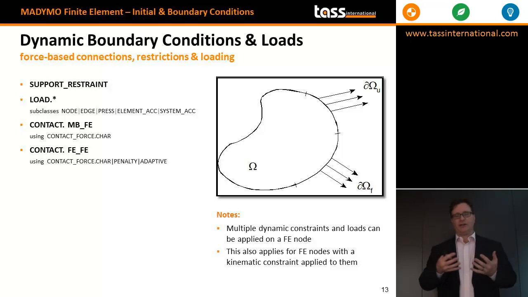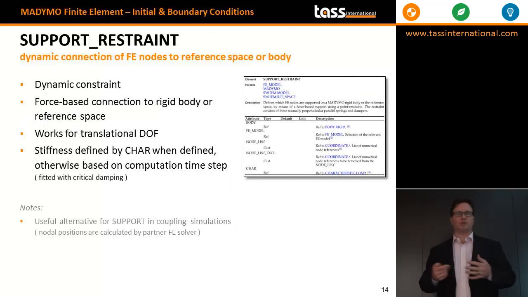Generally, that is enough when enough nodes are connected to, for example, a rigid body. The stiffness of the restraint is automatically calculated or can be specified by the user through a characteristic. The support restraint keyword is generally used in coupling calculations to couple external finite element nodes to MADYMO rigid bodies.